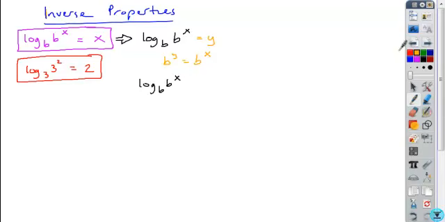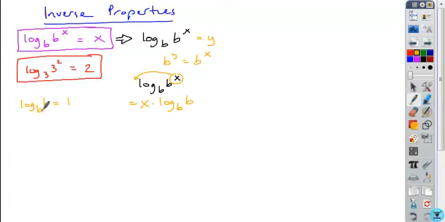So a second way to verify this is we can take this power of x and rewrite it in front. It becomes x times log base b of b. Anytime the base inside and the base of your log are the exact same thing, this has a value of 1. So again, log base b of b is equal to 1.